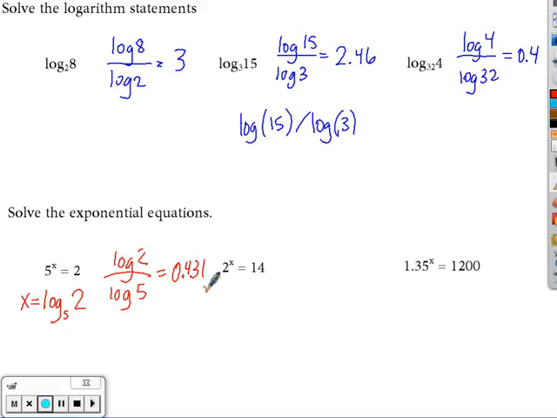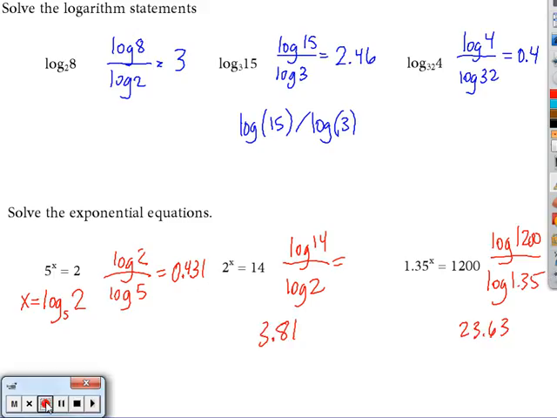You can round to 2 or 3 decimal places, whatever's fine. Log of 14 divided by log of 2 here. And last here we would have the log of 1200 divided by the log of 1.35. Go ahead and calculate those two and check back to see what you get. I end up getting 3.81 and 23.63 for those two.